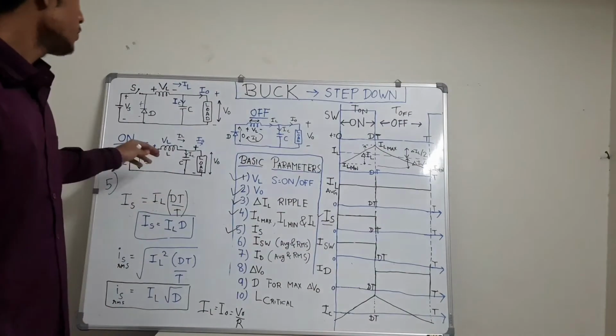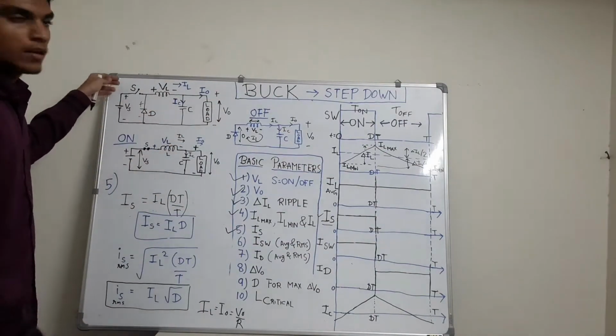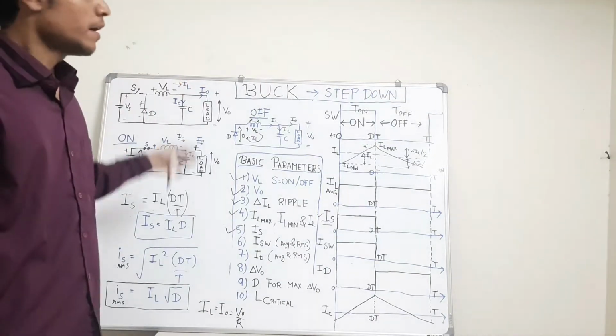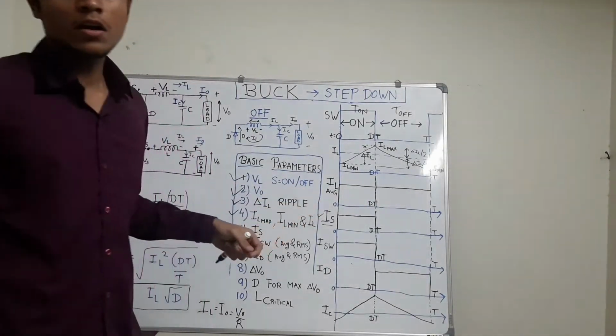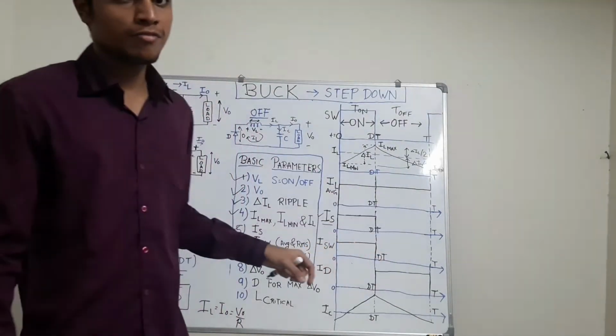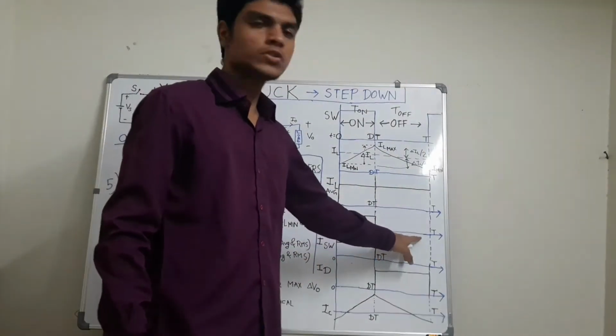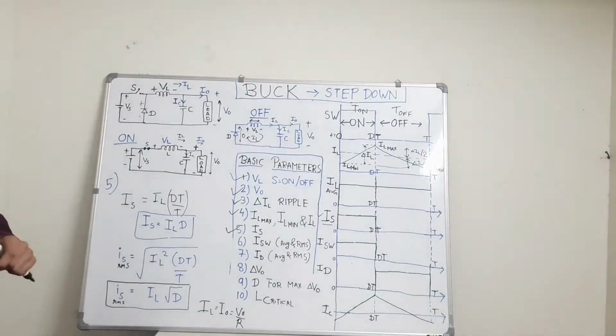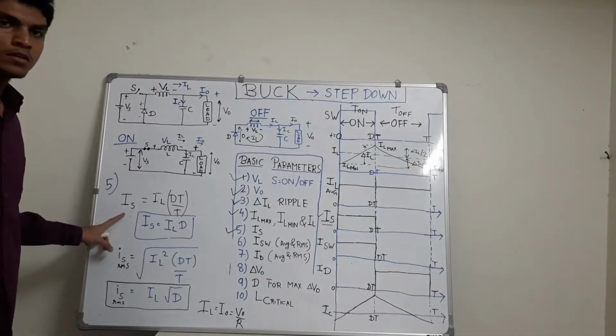As soon as the switch is turned off, the source is isolated from the circuit, hence the current delivered by the source during time dT to T will be 0. Let's start with the average value of the source current.